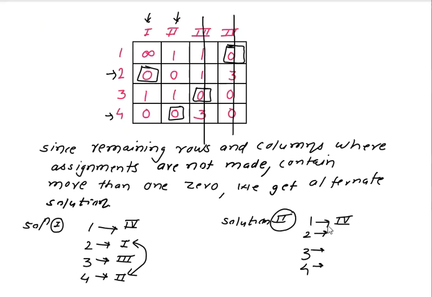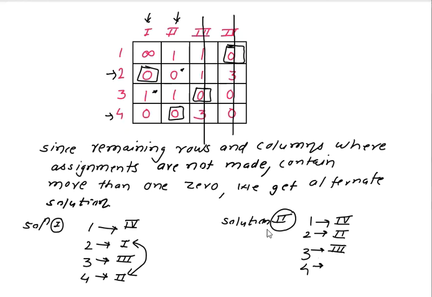first clerk is assigned to job number 4. Now second job, we interchange these two. Second clerk we will assign to second job, and fourth clerk, third clerk, there is no change.